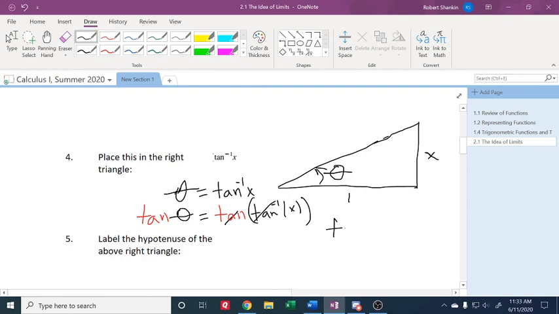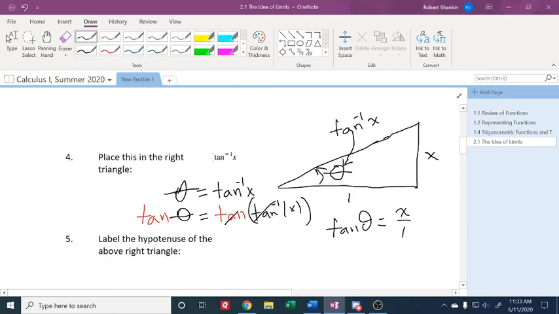And it's the same as tangent of theta equals x over 1. That's exactly what you would find if you took the tangent as opposite over adjacent, x over 1. But this right here is not only theta, but it's also the inverse tangent of x.